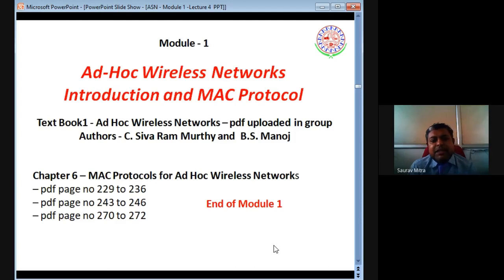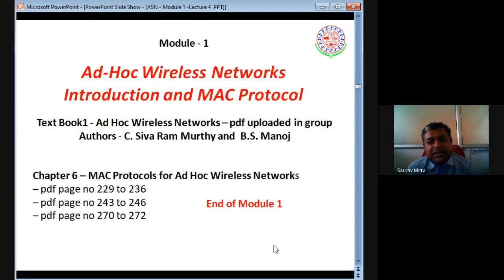Whatever things are mentioned in your syllabus can be found in the book by Manoj, the PDF that I have uploaded. So pages 229 to 236, 243 to 246, and 270 to 272. Previously I had given you the page numbers 206 to around 227.